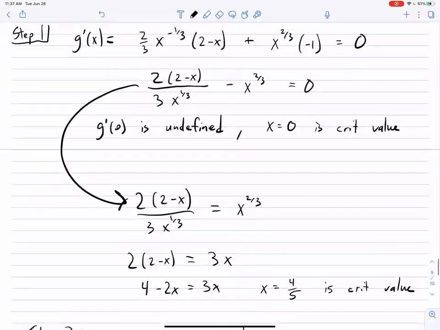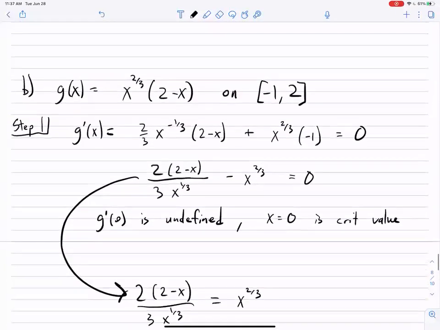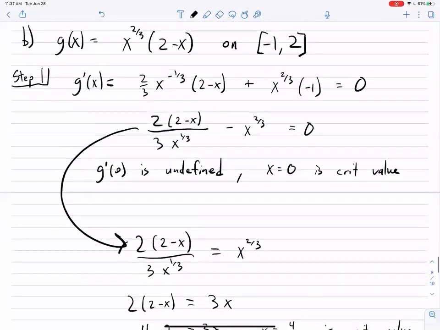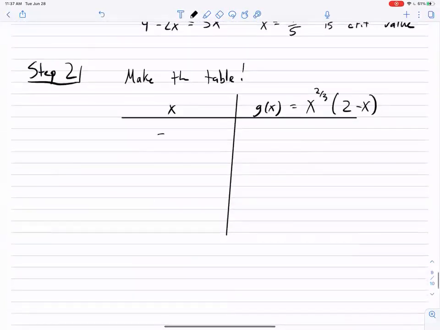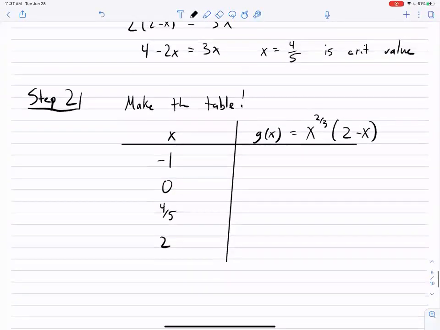What are the x values we're going to plug in? We're going to plug in -1, 0, 4/5, and 2. That guy and that guy are endpoints, and those are our critical values. Now we plug them in.